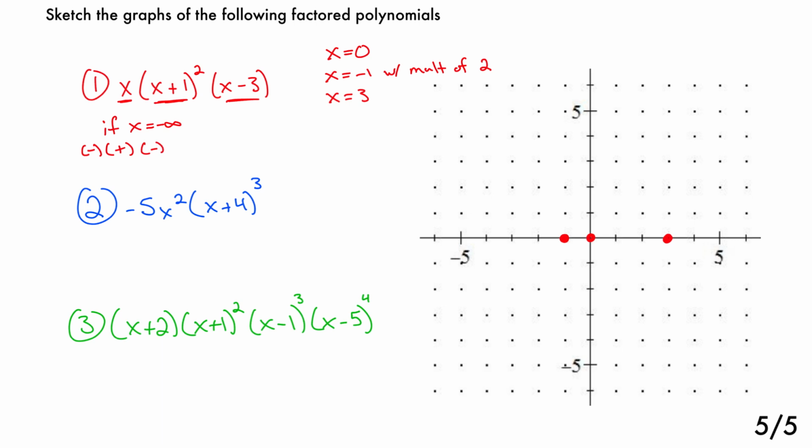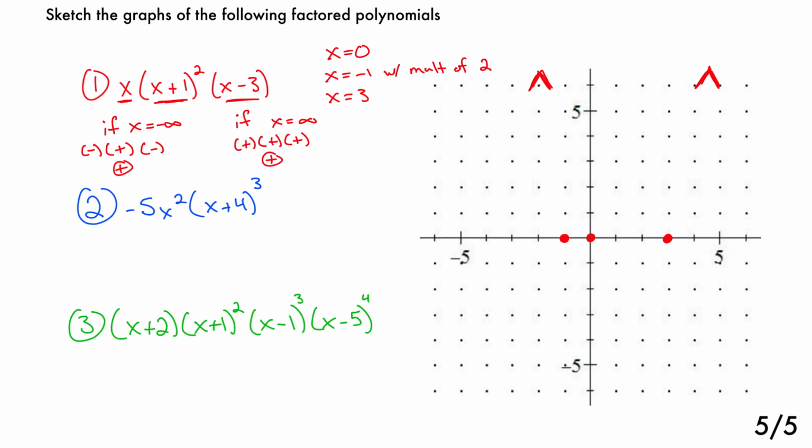So I have a negative number times a positive number times a negative number. Multiply those together, and you will get a positive value. So for this function, it's going to start in the positive direction. If x was equal to positive infinity, well, we would get a positive times a positive times a positive, which is positive. So I'm going to end in a positive direction as well.